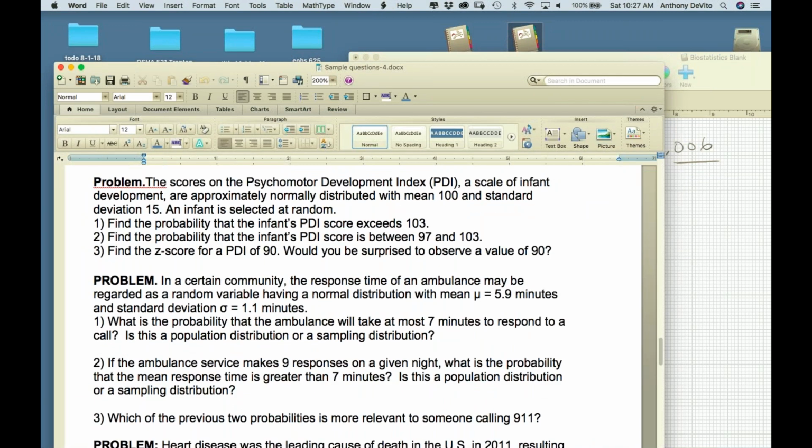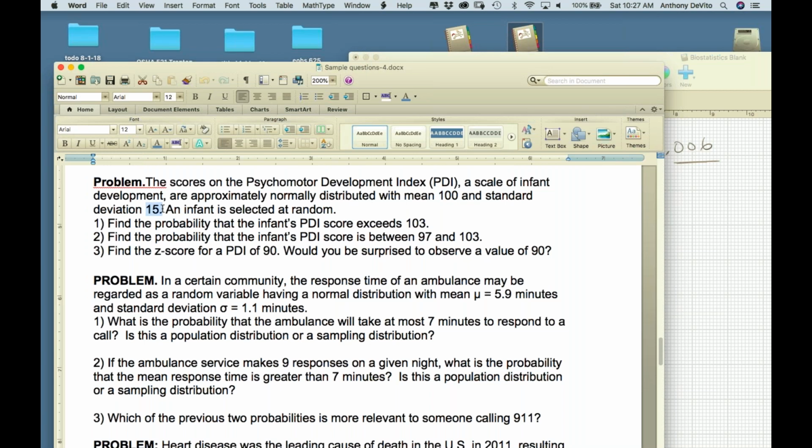Okay, so here's something that might have something to do with the z-scores. The psychomotor index, I think this might have been a homework problem, maybe not this semester, maybe another semester. A scale of infant development approximately normally distributed with a mean of 100 and a standard deviation of 15.